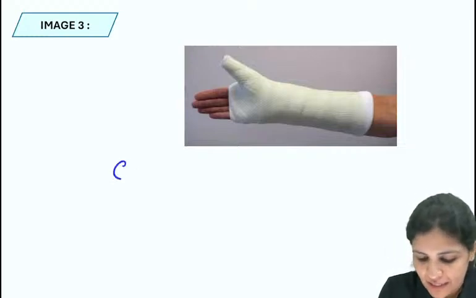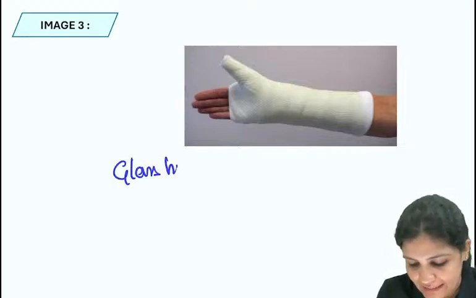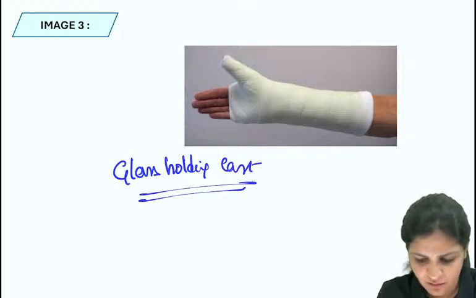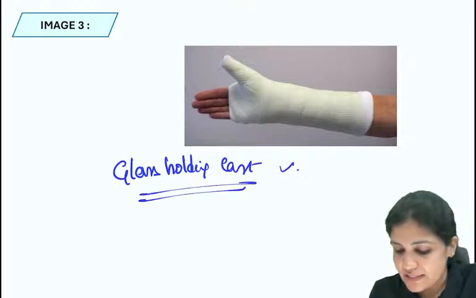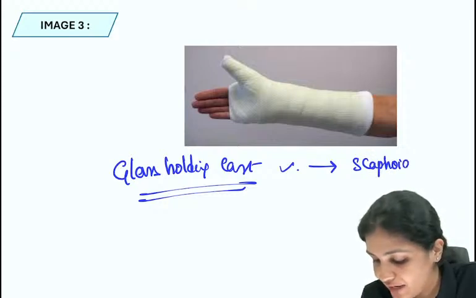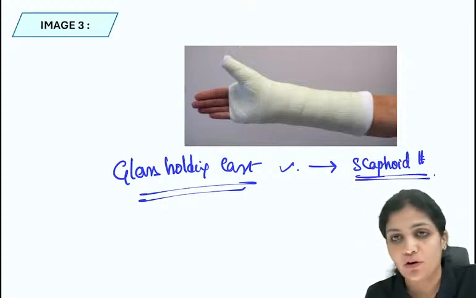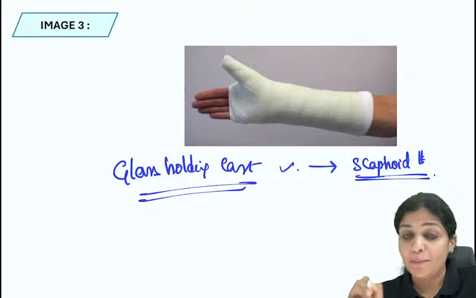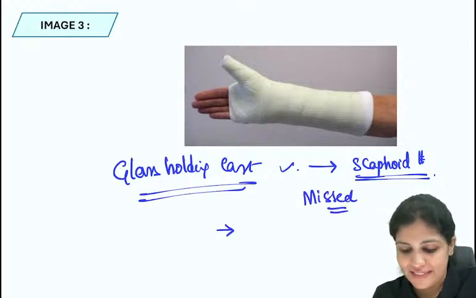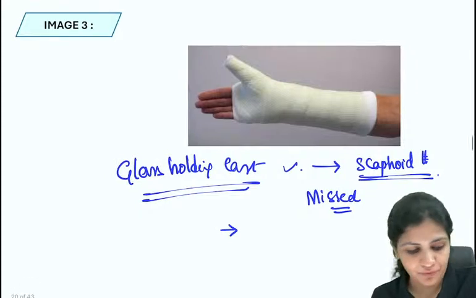Yes, very good. This is a glass holding cast. Glass bowler's cast. Okay, so this is a glass holding cast and this is used for scaphoid fractures. Scaphoid fractures are one of the most important. Why? Because they are usually missed. And where do you examine for the scaphoid fracture?